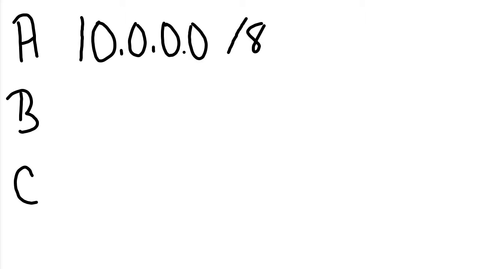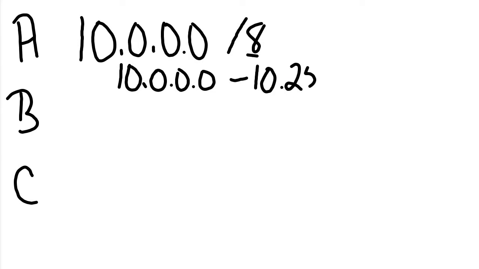What that means is that every address from where this network starts, 10.0.0.0, all the way through the broadcast address for this network, which I could have calculated using my subnet mask and the IP address I was given, but it is a finite range, and so we know that it goes through 10.255.255.255.